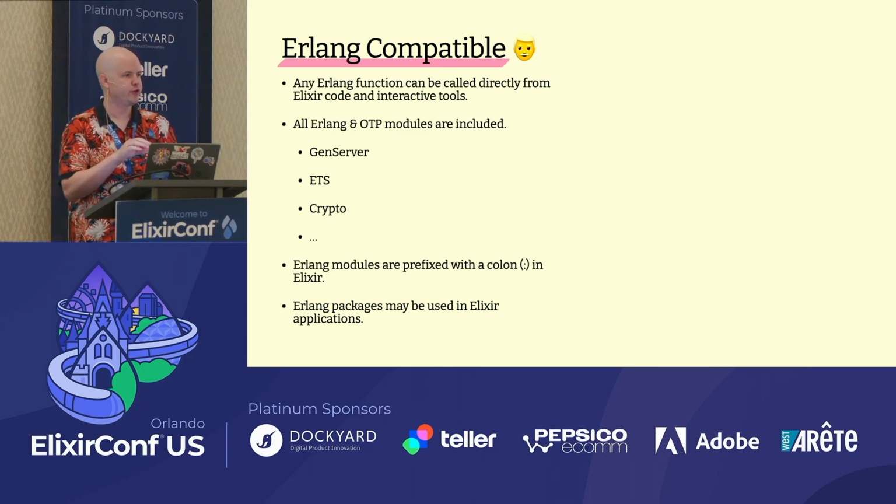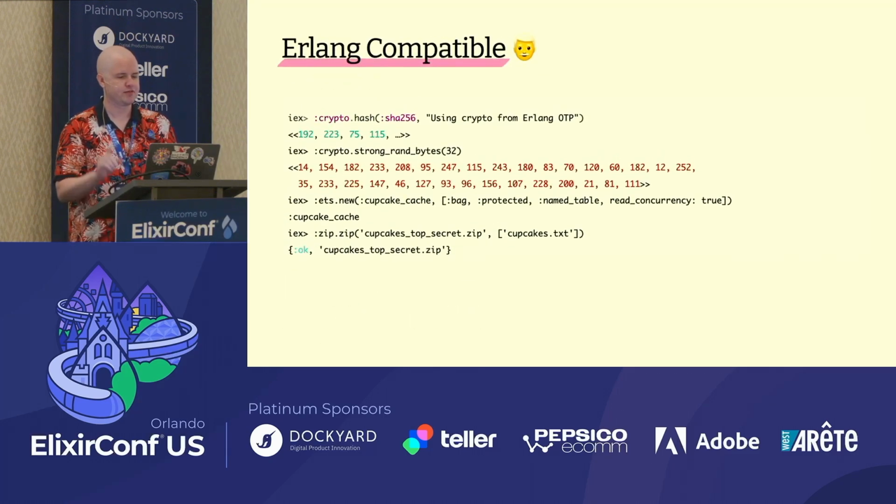And the way you do that, if you're new to this, is if you find, let's say we go to the zip docs on Erlang, if you want to use that module, you'll do :zip dot whatever the function name is. And then you can also use Erlang packages inside of your Elixir applications. So just a few examples here.